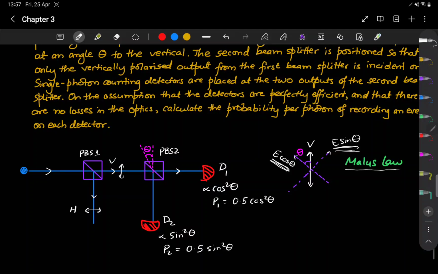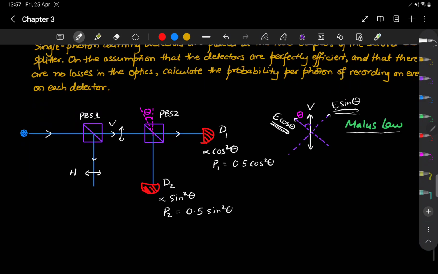So thus, if we say that the electric field is E cos theta, and the intensity is E squared cos squared theta, that is proportional to cos squared theta. That simply means that if there are n input photons, then n cos squared theta photons get transmitted.